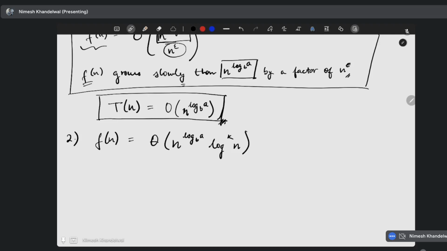In this particular case, f of n and n to the power log a base b grow at similar rates, right? There is not an order of difference. They are not the same, but they are of basically the same order.